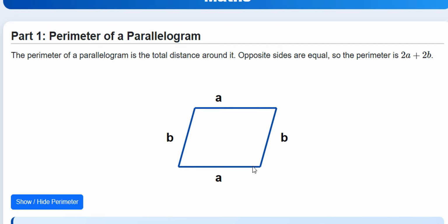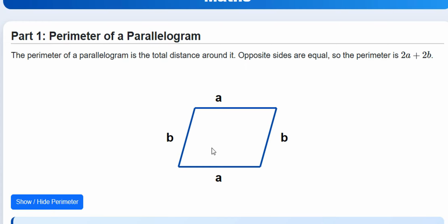So to get the perimeter of this parallelogram, we'll have to do it like this. Perimeter is the total distance around the shape, and we know two sides of a parallelogram are equal, so the perimeter will be given by A plus the other A, then B plus B, like this.